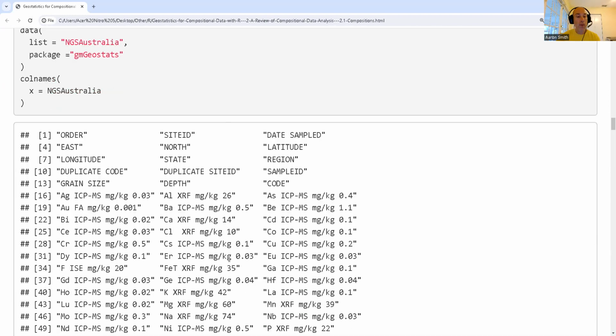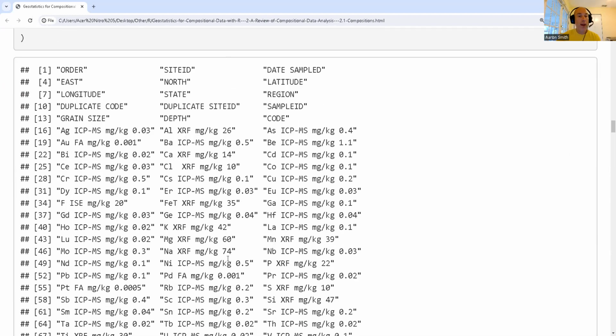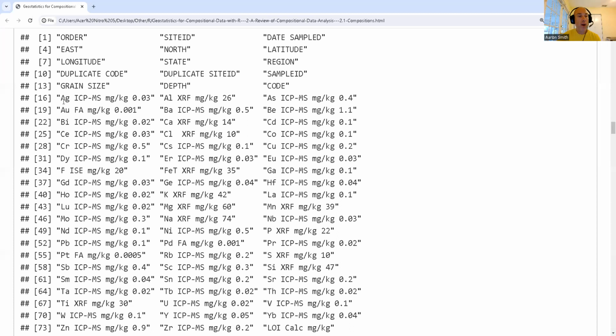And I can print everything. You'll notice that the names give a very precise description of what's going on. I have how it's measured, and also a threshold. Anything below this threshold is not considered reliable. In fact, when it's below this threshold, the data frame codes the values as negative.